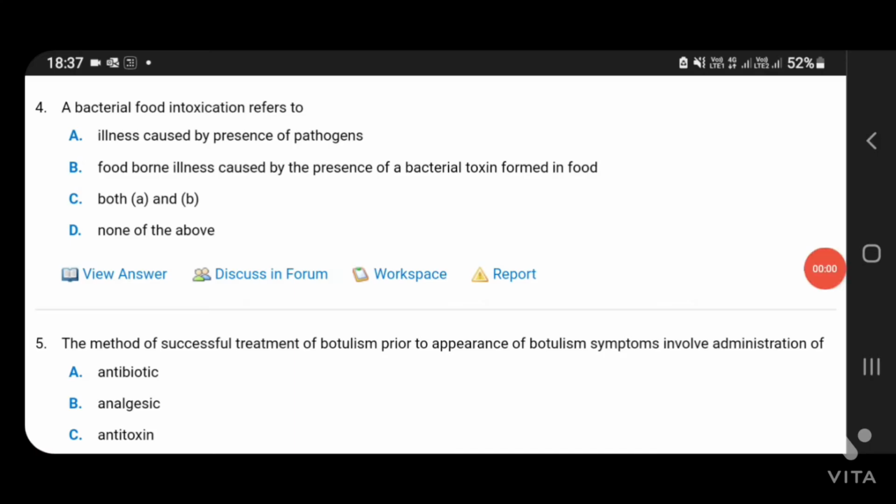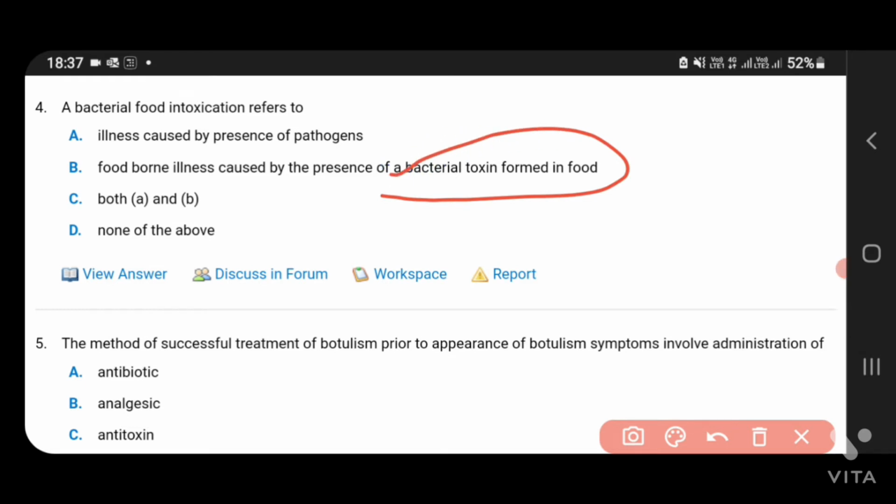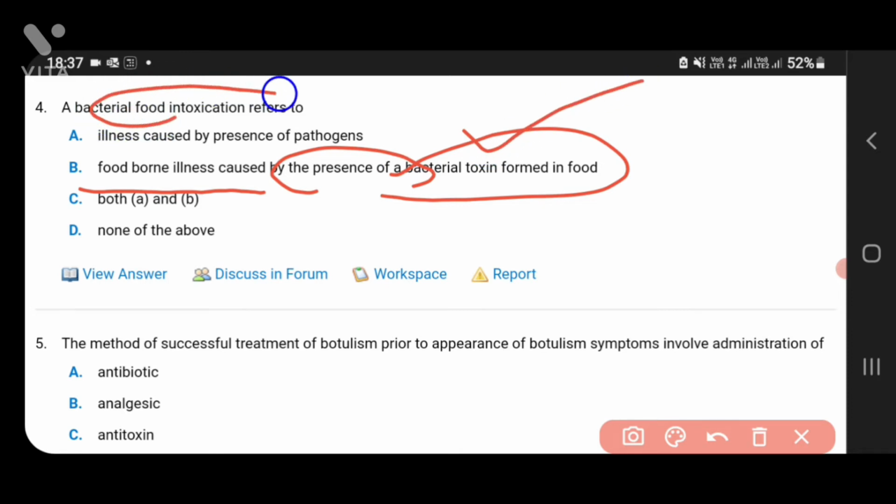Next question is, bacterial food intoxication refers to what? We have already discussed it. Intoxication is due to the presence of bacterial toxins, so the right answer is B. Foodborne illness caused by the presence of a bacterial toxin is called food intoxication.